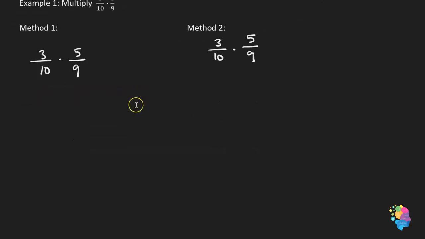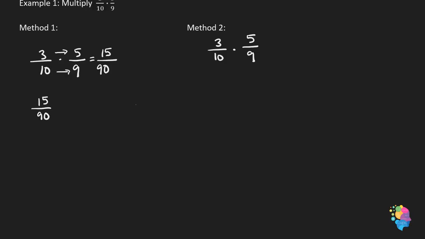So let's begin. When I multiply 3/10 times 5/9, I'm going to multiply across. So 3 times 5 will give me 15. And then 10 times 9 will give me 90. The next thing is to take that result and find the greatest common factor. By this, it means we're looking for the largest number that can divide both the numerator and the denominator.